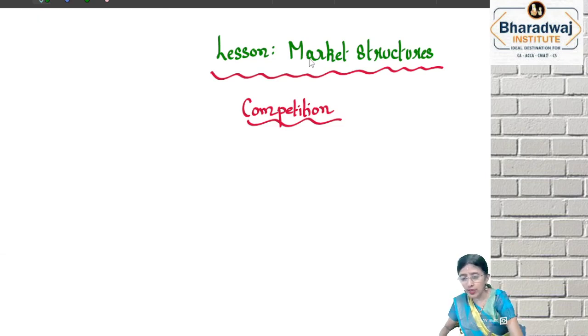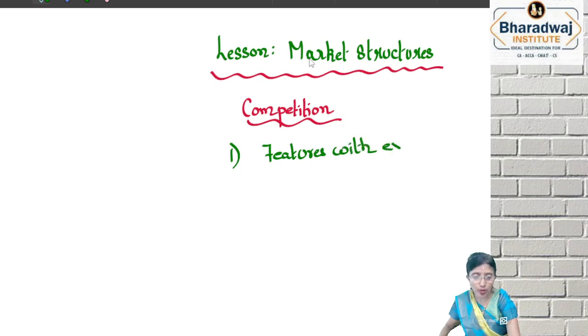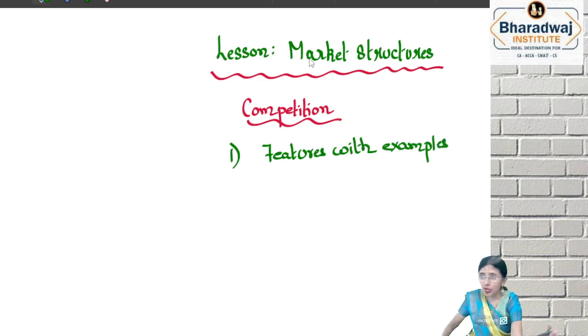One is to study the features of all the market forms together with prominent examples: perfect competition, monopoly, monopolistic competition, oligopoly, at least. All these market forms, features and examples, across the four market forms.